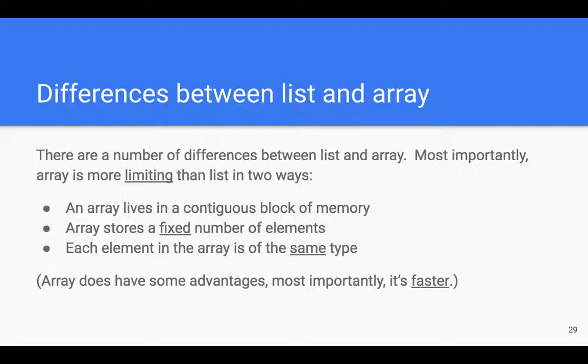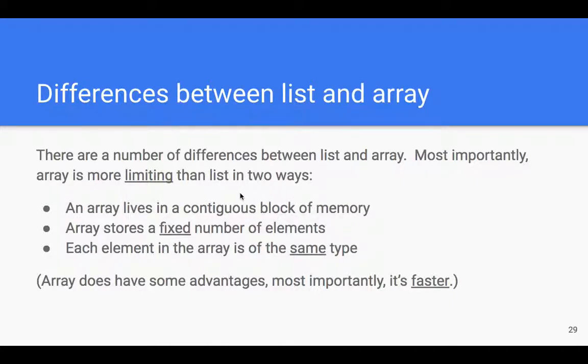Now, they are different, and especially since array is the more fundamental type, array is actually more limiting. It's more limiting, and it all stems from the fact that an array actually lives in a contiguous block of memory. Now, that might not make a whole lot of sense just yet. 3B will cover this.